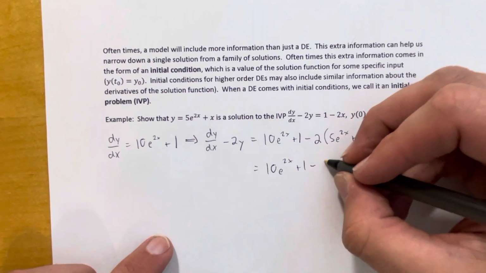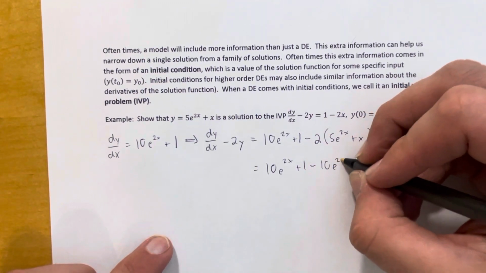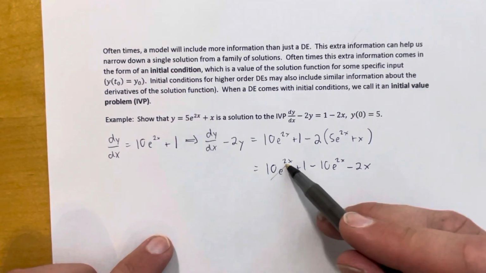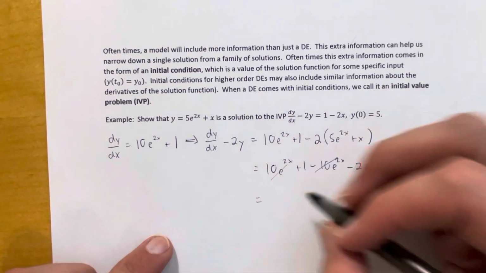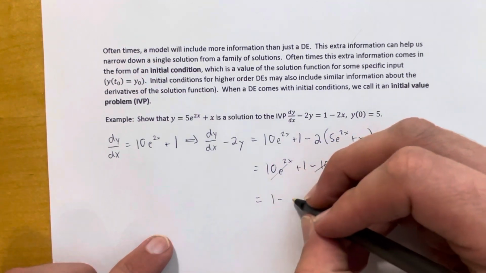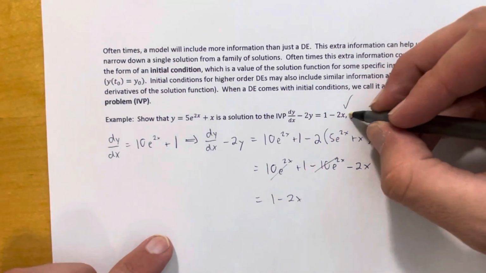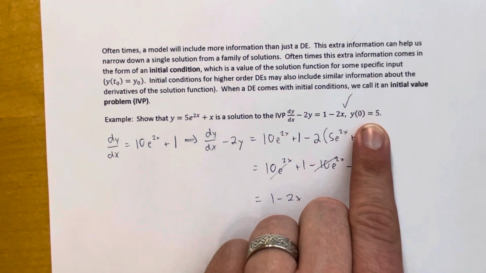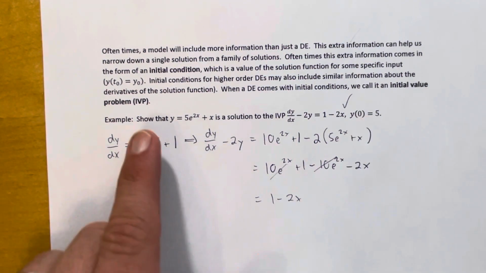Distribute the negative 2 in, minus 10e to the 2x minus 2x. I get cancellation here and here, and I'm left with 1 minus 2x, which is exactly what we were looking for right here.